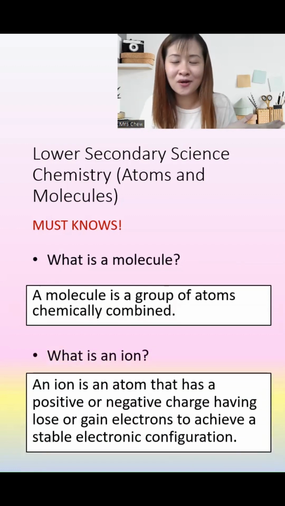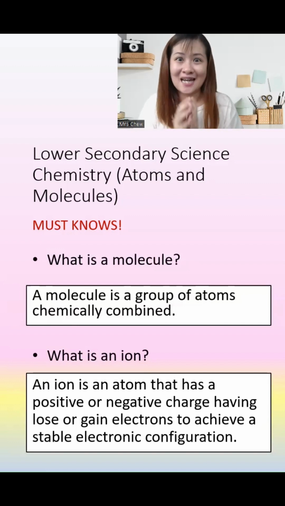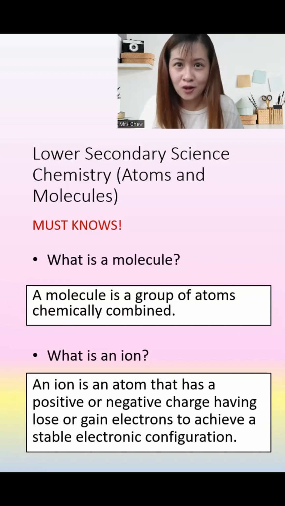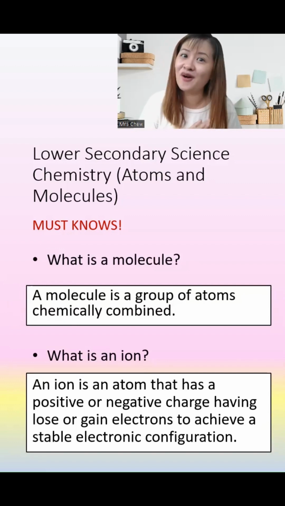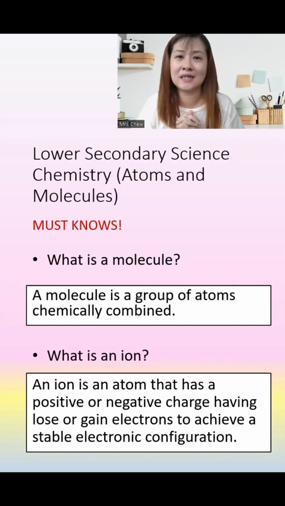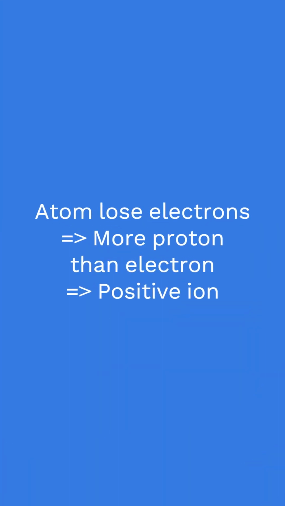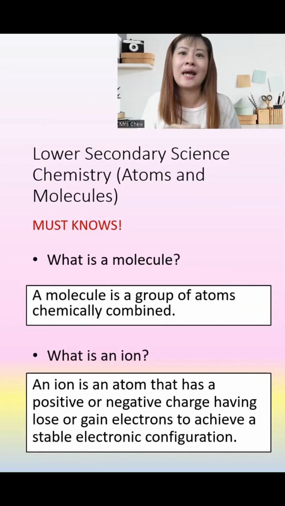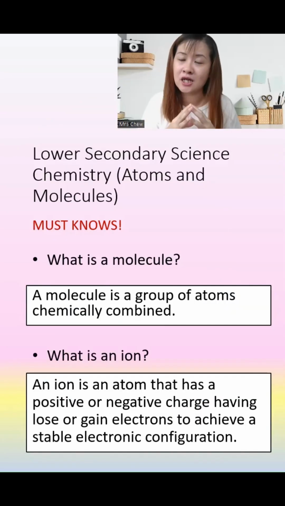What is an ion? An ion is actually an atom. An ion is an atom with positive or negative charge, having lost or gained electrons. If it loses electrons, meaning that there are more protons in the atom than electrons, hence the positive charge wins, and hence this atom becomes positively charged.